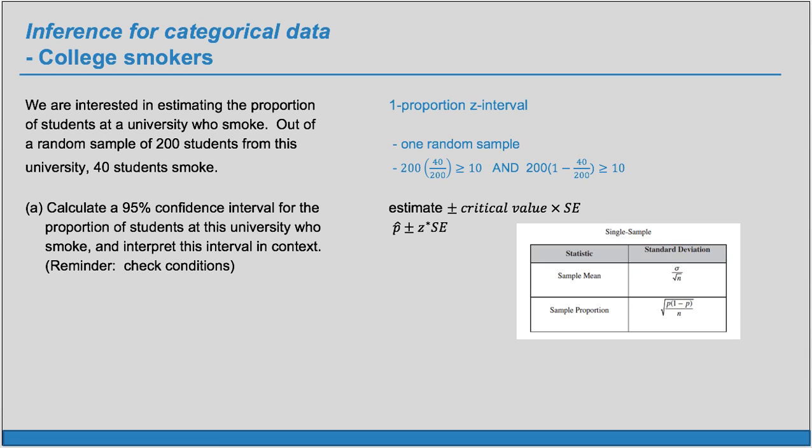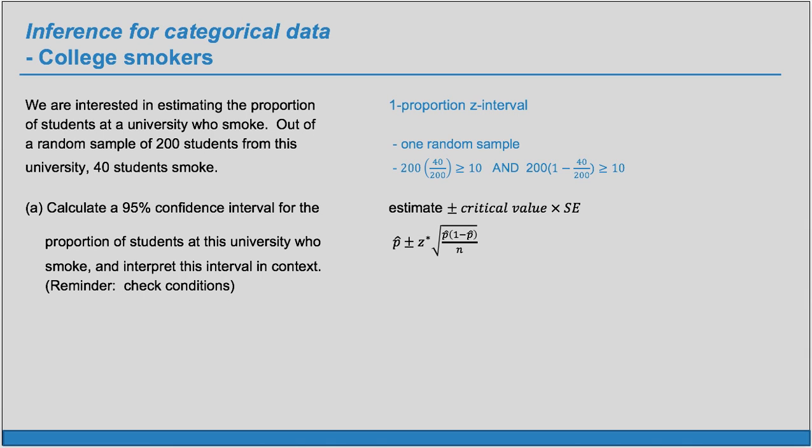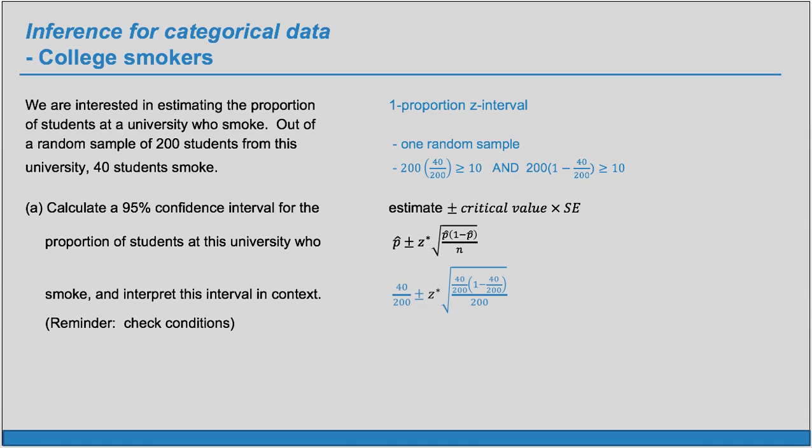Of course, we don't have the true p, so we'll be using the sample p, or p-hat. So if we plug in p-hat there, we have the general form of our confidence interval for a one proportion Z interval. And now we can plug in p-hat, which is 40 over 200, plug in n, and all we have left is z star.